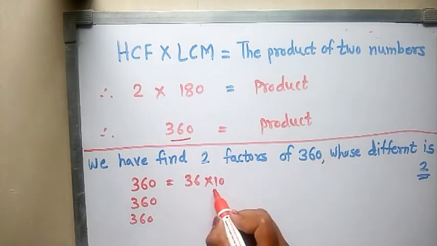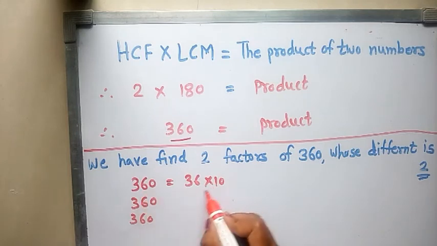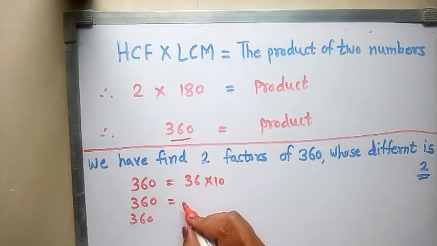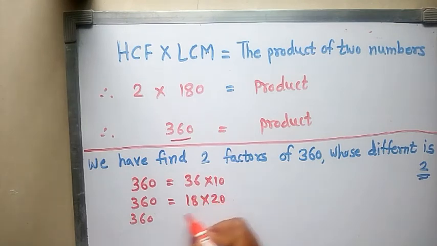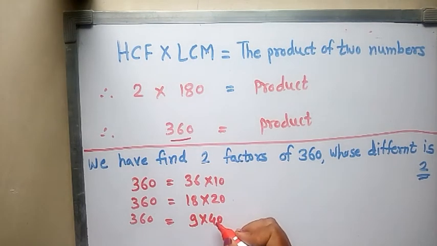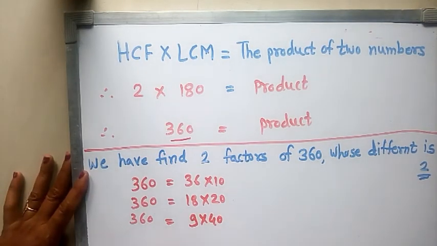The factors of 360: first, 36 into 10; second, 18 into 20; third, 9 into 40; fourth, 6 into 60.